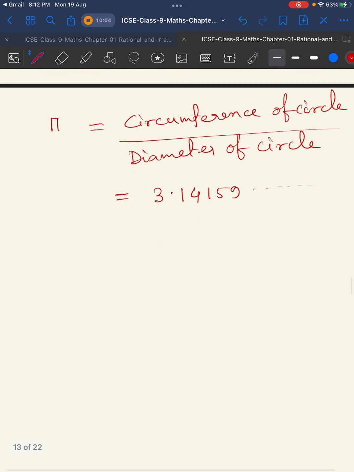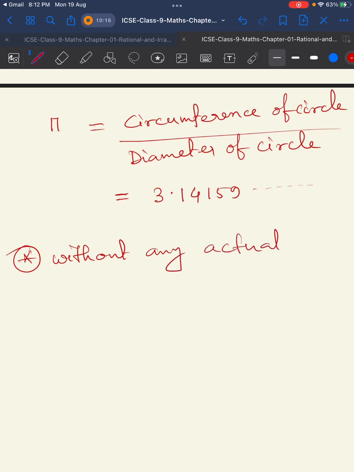Now we have to know, without any actual division, whether the rational number is terminating or not.